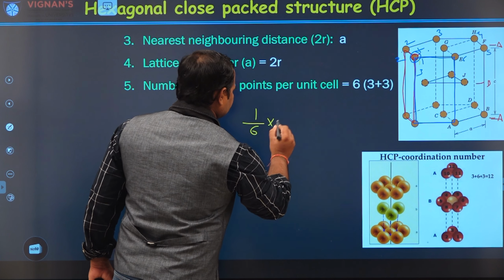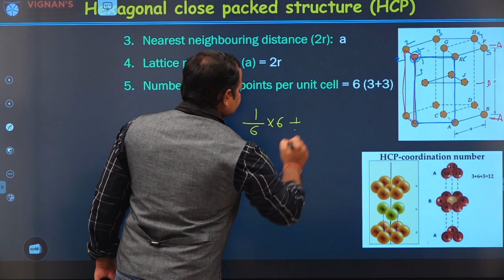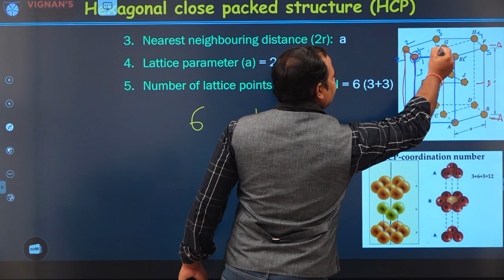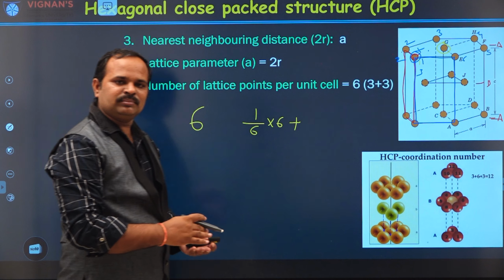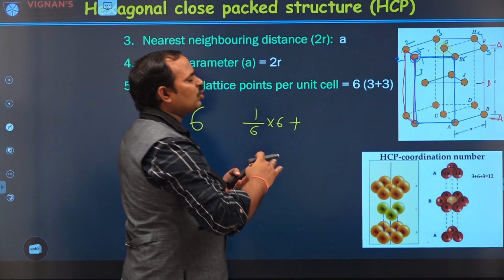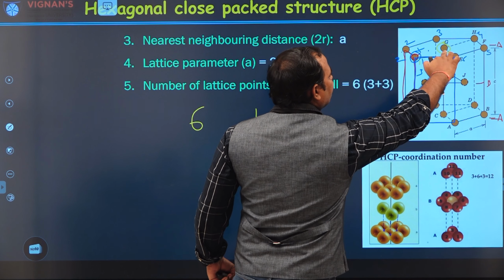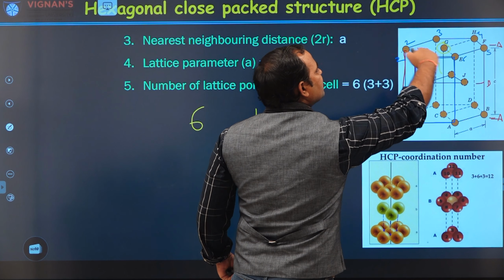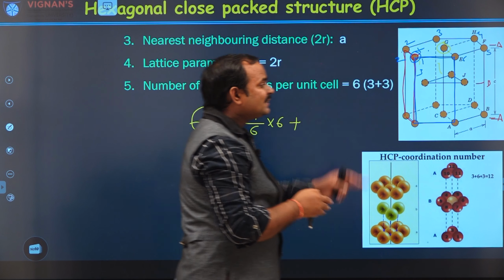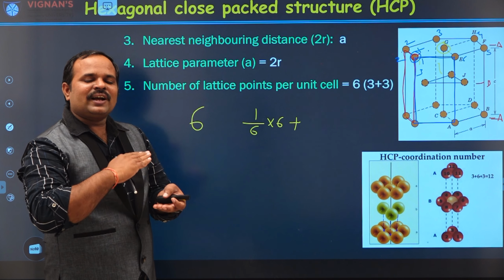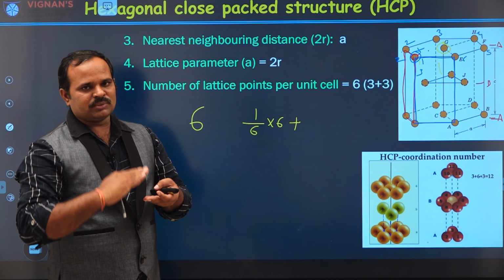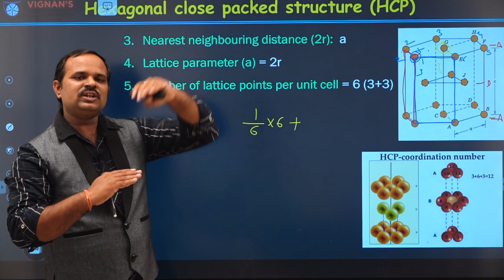So 1 by 6 into 6, plus, now let's come to the center atom. The center atom is only in contact with two hexagons. One is this hexagon, the other is above, we can imagine one more hexagon. That means the center atom contributes 50% to the bottom unit cell and 50% to the top unit cell.